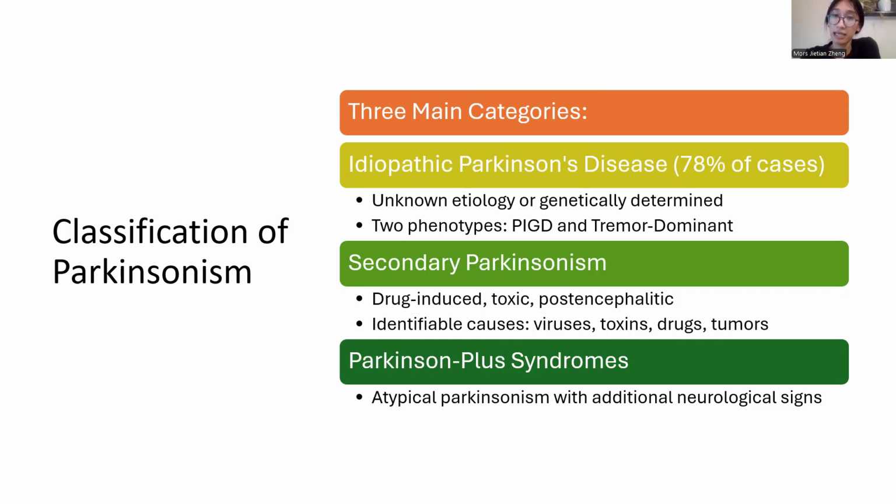Second is secondary Parkinsonism, where we can identify specific causes such as certain medications, toxins, infections, or brain tumors. Third are the Parkinson-plus syndromes, also called atypical Parkinsonism, where patients have Parkinsonian symptoms plus additional neurological signs that point to other underlying neurodegenerative disorders.